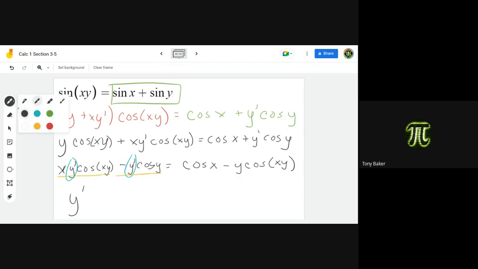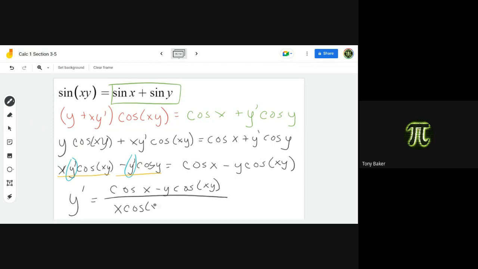So I have y prime equals cosine x minus y cosine xy divided by x cosine xy plus cosine y. And that's my final answer. Yep, and then I divided by the stuff that was left over.